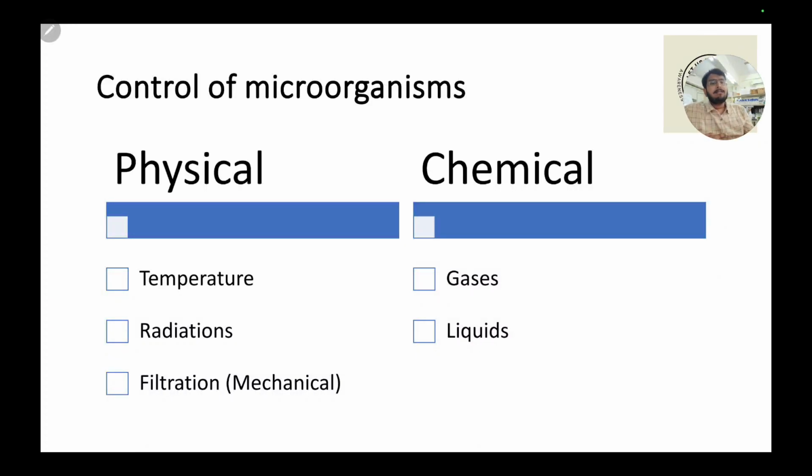After temperature, the next physical agent that we are going to discuss is radiation. Ultraviolet radiation is one of the most commonly known radiations used to control microorganisms. Even during COVID, you would have seen that several people, especially those who had salons, their own businesses, hospitals, used UV radiation to disinfect materials that were used commonly.